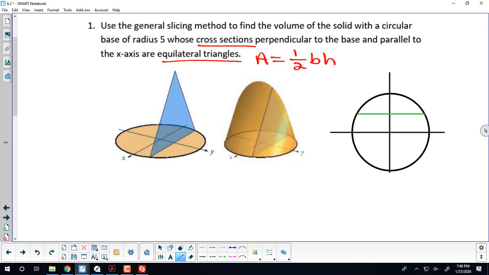So there's one cross section. The apex of that triangle, of course, is coming out at you. So dx dy, that's a rectangle, right? It's like this thing here. Its thickness is in the y direction, so that's dy. So we have to have our bounds and our functions in terms of y. Is everyone clear on that?